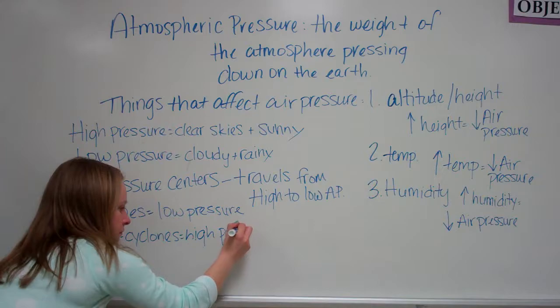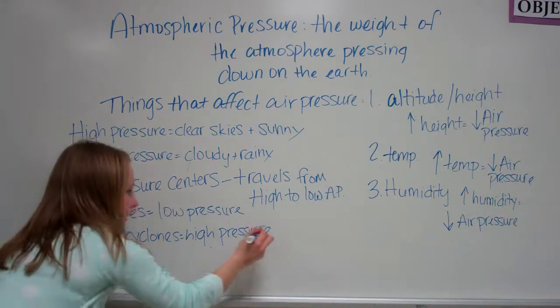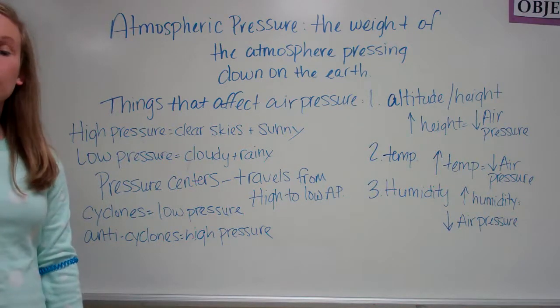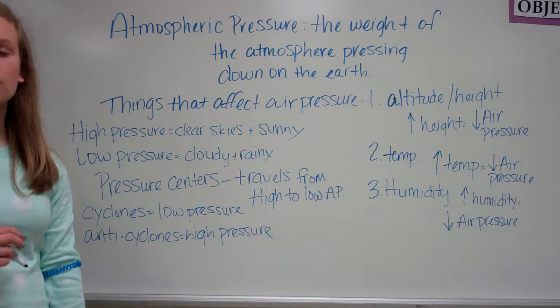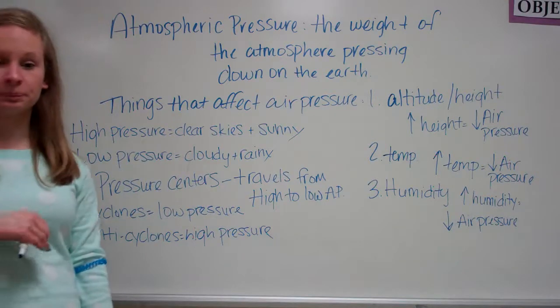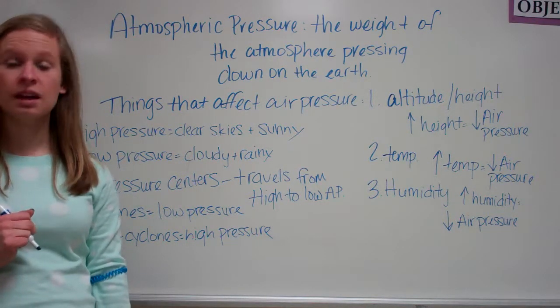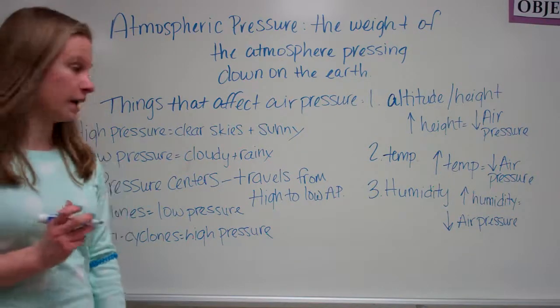The air moving around these pressure systems flows in opposite directions depending on whether you're in the northern or southern hemisphere. In the northern hemisphere, our cyclones are moving counterclockwise and our anticyclones are moving clockwise.